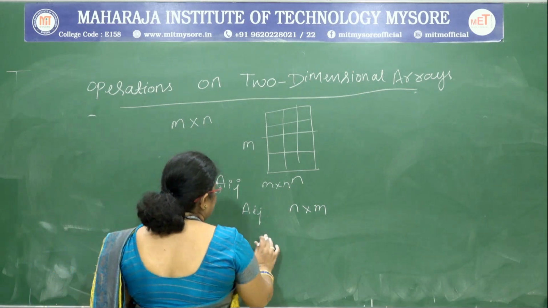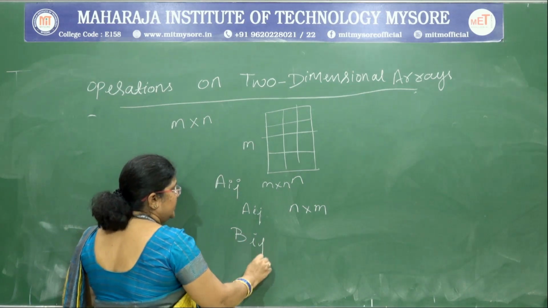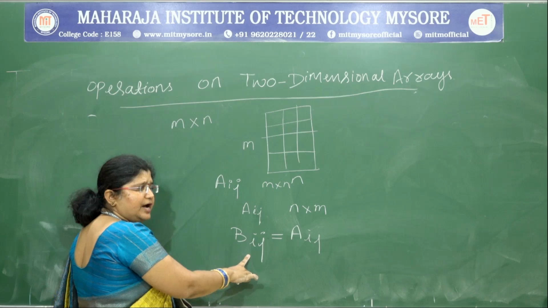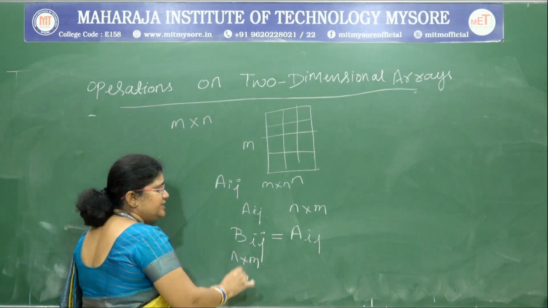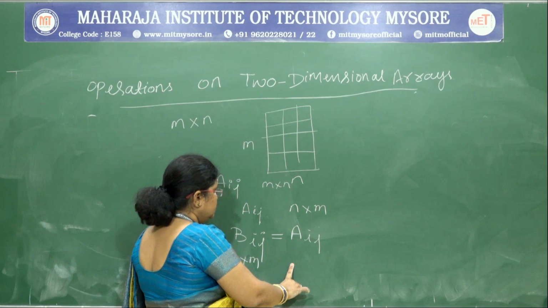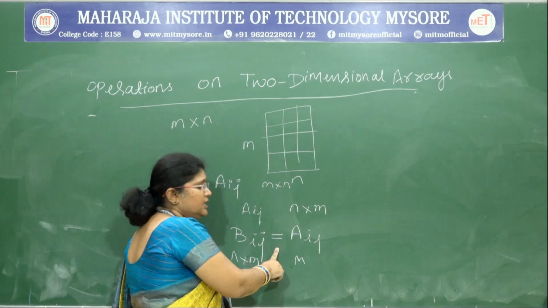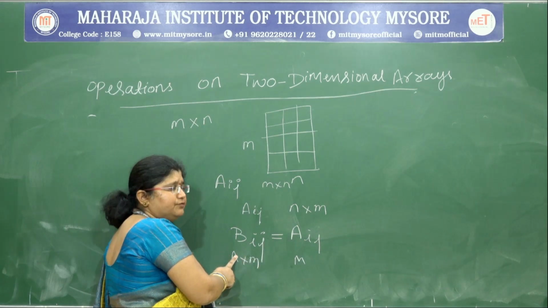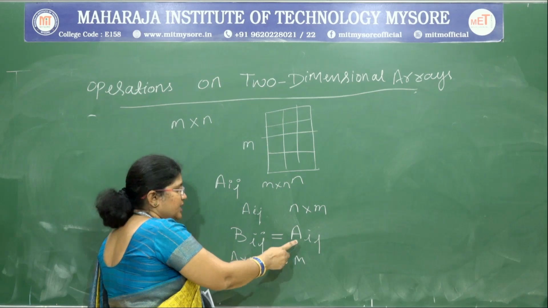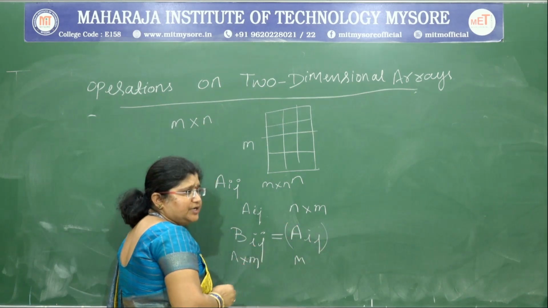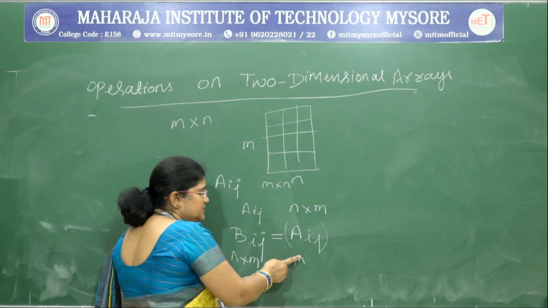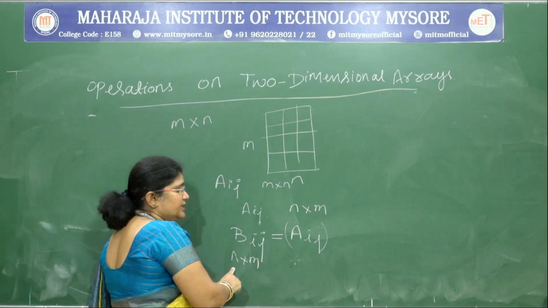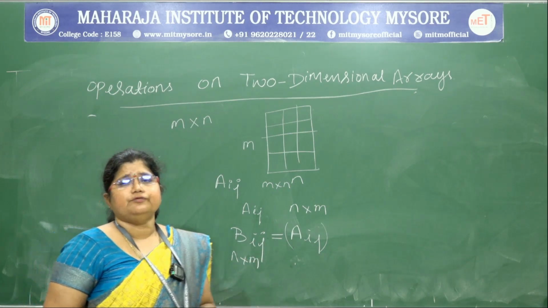So we have B[i][j] equal to A[j][i], where B is the n cross m matrix and is the transpose of matrix A. Whenever you apply the transpose operation on A, converting rows into columns and columns into rows, we obtain the transpose of the matrix.